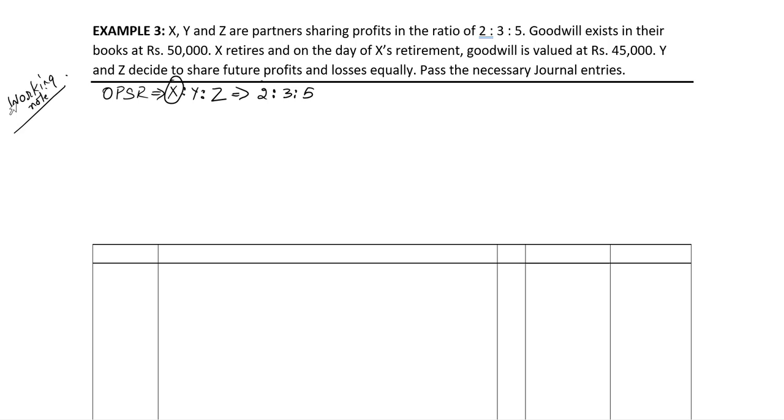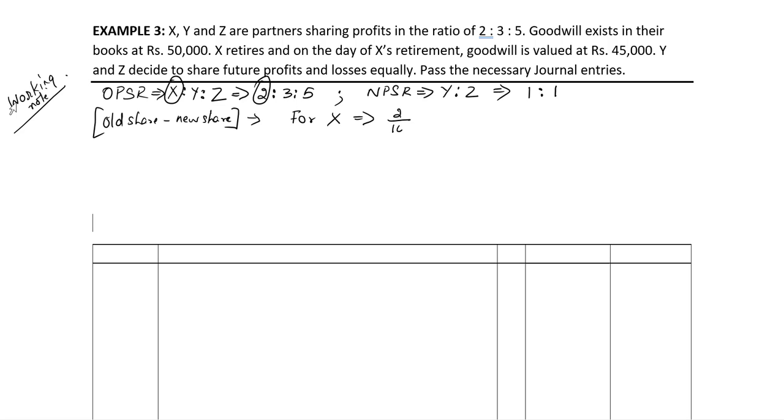X is the partner who retires. Also given the new profit sharing ratio between Y and Z is equal. So it's 1:1. We need to get the gain of each partner. Let's do old share minus the new share. For partner X, he sacrifices 2/10.